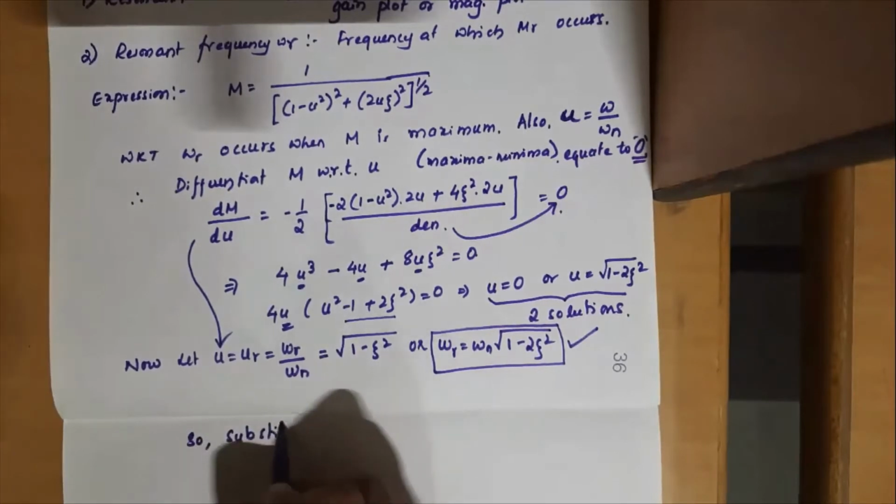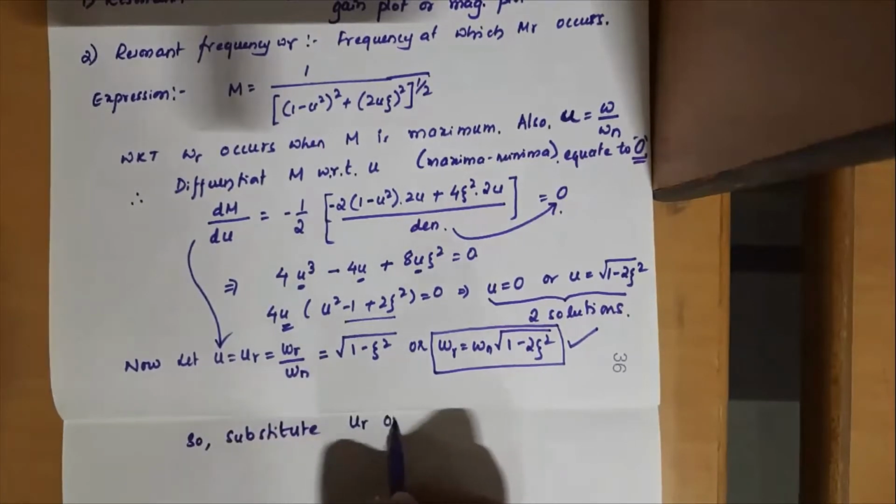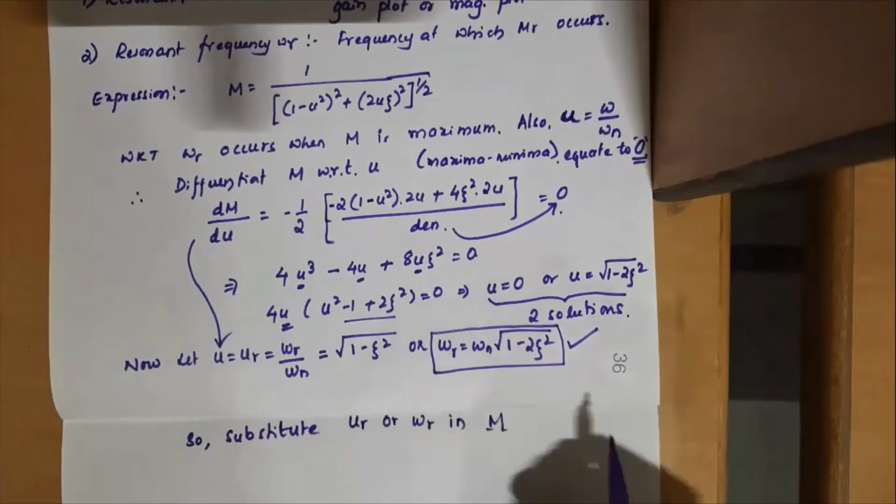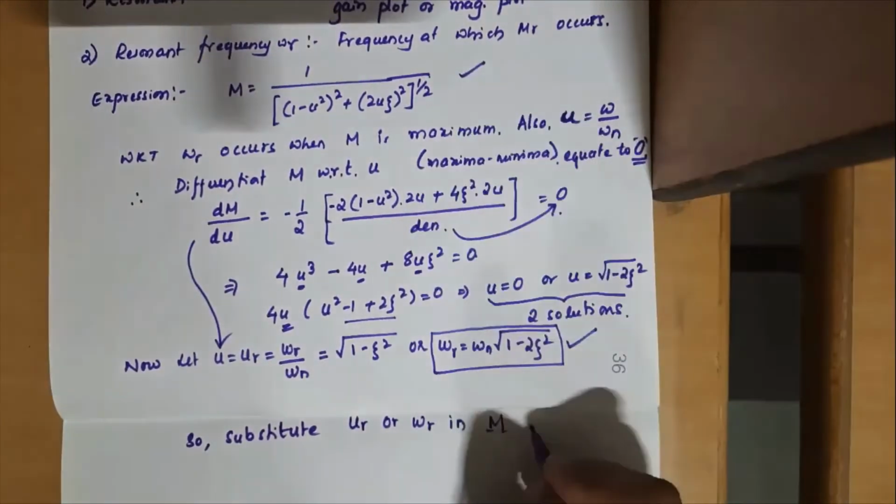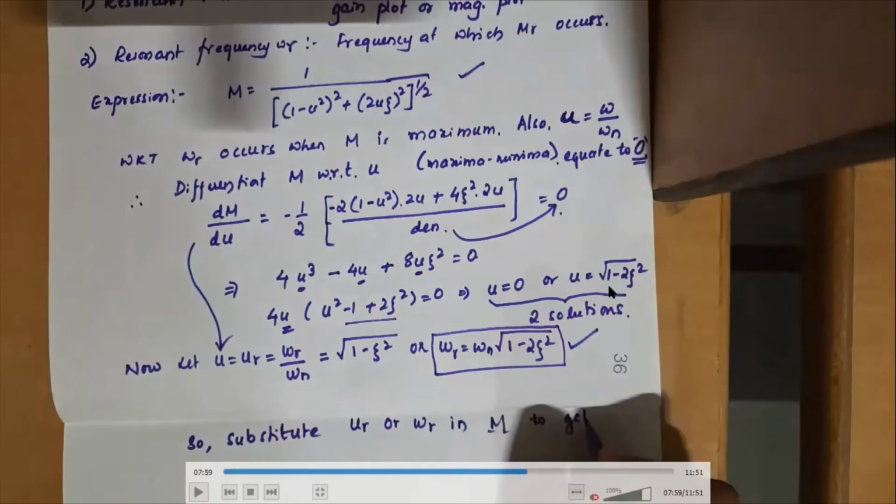So what is next? Next we need to find the expression for Mr. If you substitute the solved u here, you will get the corresponding magnitude at ur.